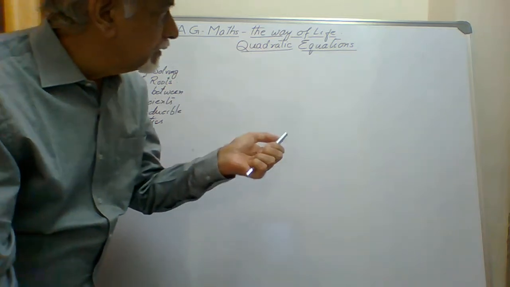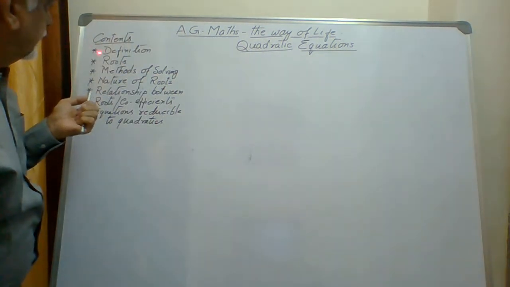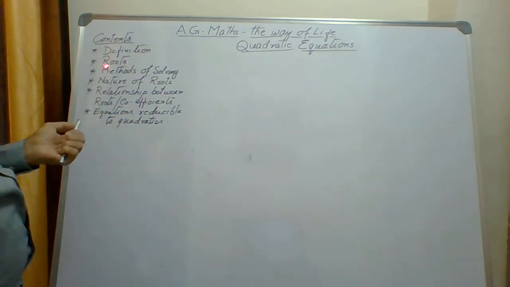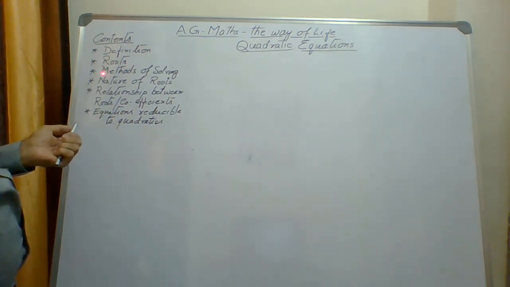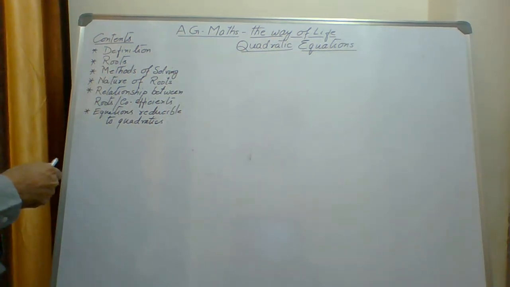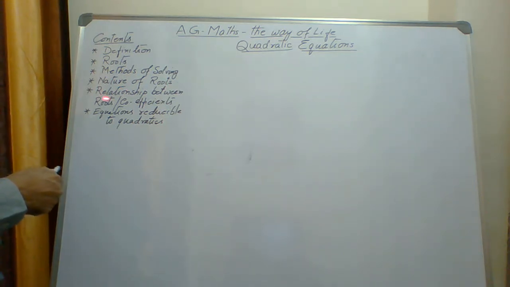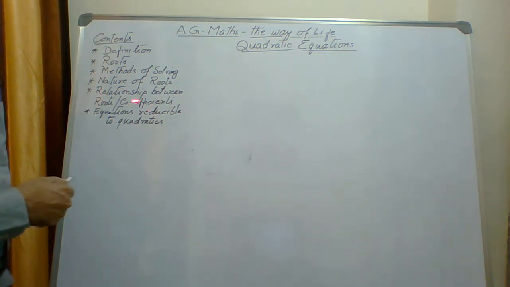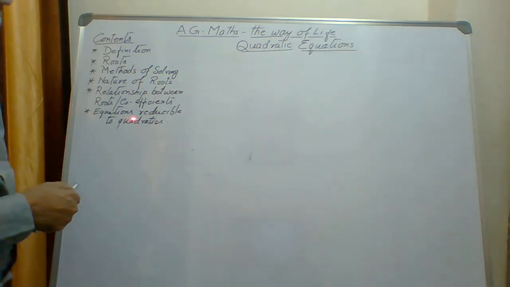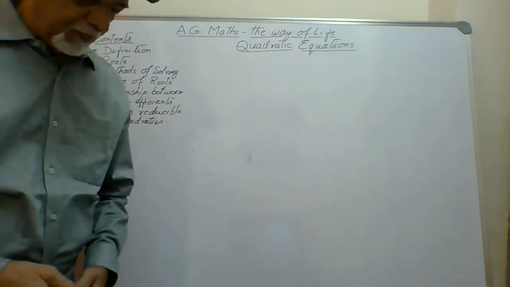In quadratic equations, what we are going to study today is the definition of quadratic, what are called the roots, methods of solving the quadratic equation, nature of the roots, how the roots behave, and the relationship between the roots and coefficients of the quadratic equation. Finally, the equations which are reducible to quadratic form.